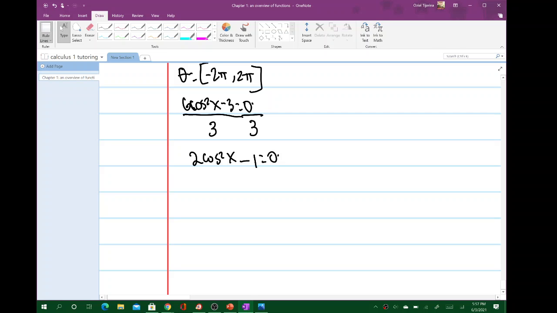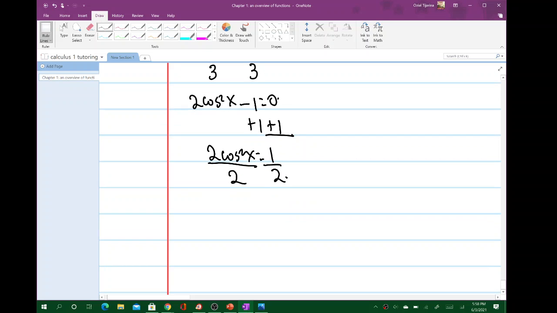So let me actually, hold on. This one would be, if you add 1 on both sides, you get 2 cosine squared x equals 1, and then you divide by 2, you get cosine squared x equals 1/2, and you take the square root, you get cosine x equals plus or minus the square root of 1/2.